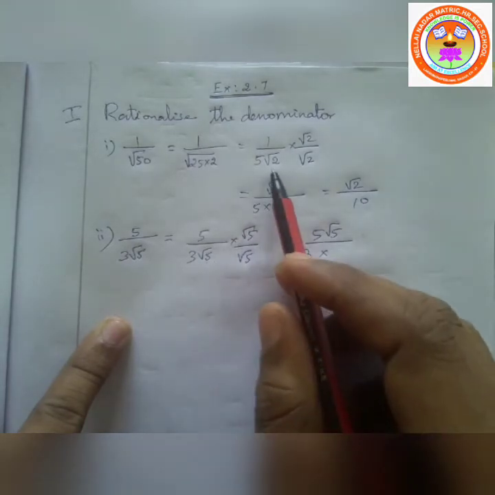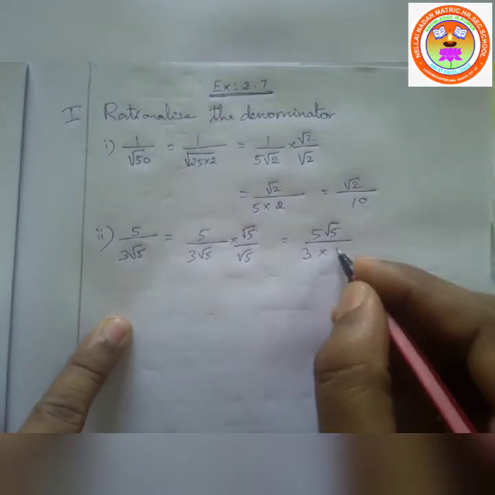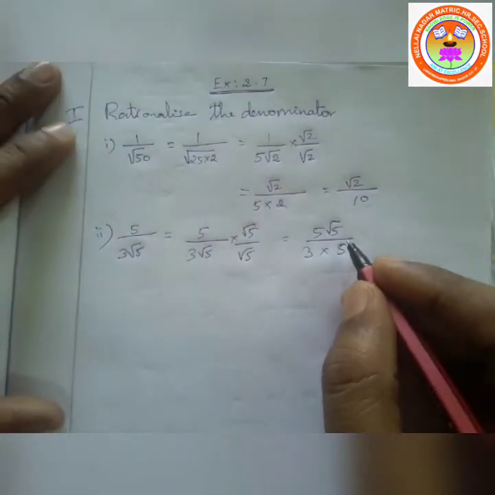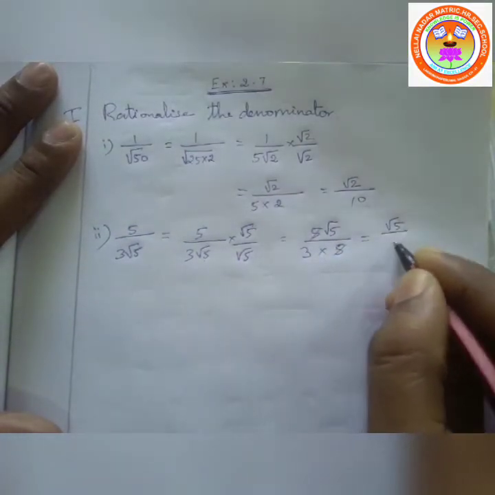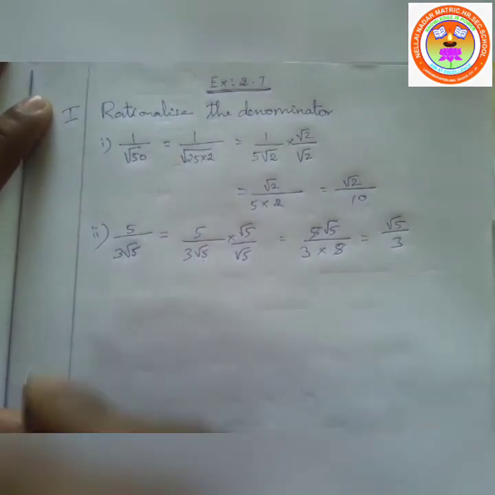As I said earlier, root 2 into root 2, here root 5 into root 5 is 5. Are you able to understand? Here both the 5s will get cancelled. Now we will get root 5 by 3. That is the answer for the second subdivision.